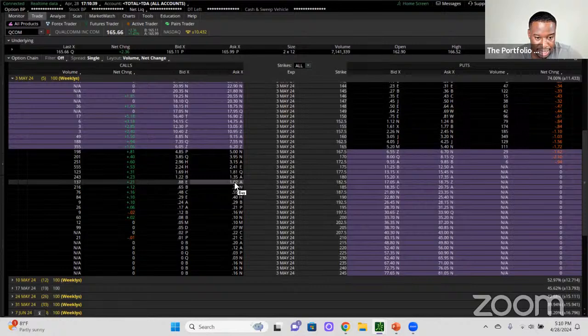$1.02 is the ask price. The bid price, you're looking at 88 cents. And so what you're going to do, one option contract, for those that don't know, just in case, one option contract equals 100 shares. So you have to multiply the contract cost by 100 in order to get the true cost of those contracts. So $1.02, you'd be paying $102 for this contract.